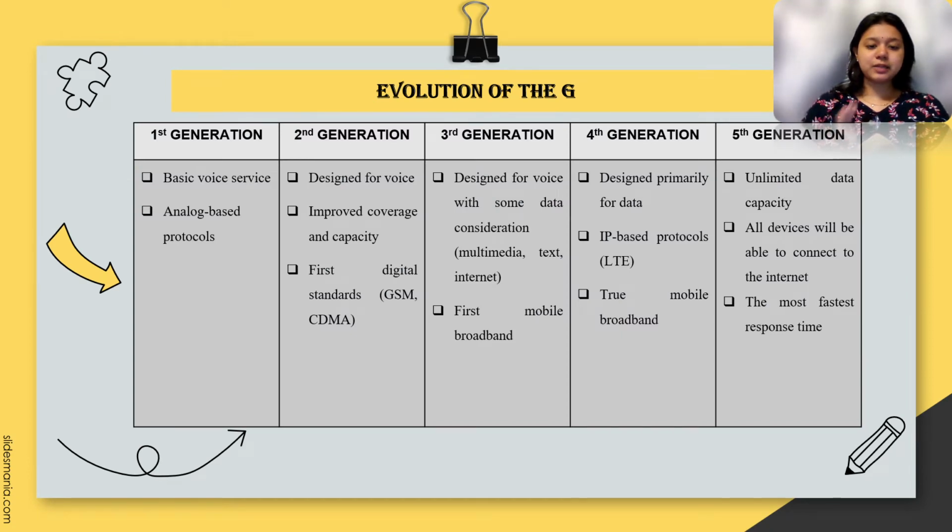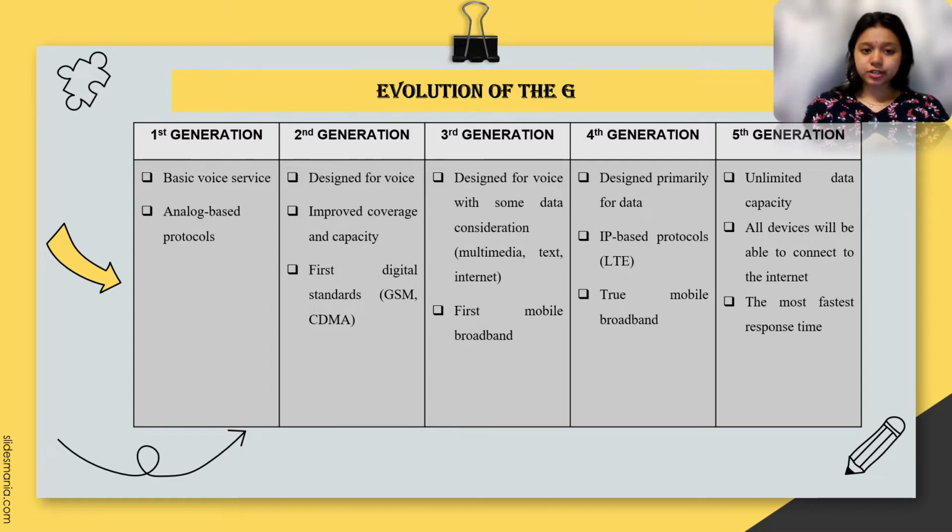Okay, now I will explain deeply about the evolution of the G. On the first generation, basic voice service and analog-based protocols. The second generation was designed for voice with improved coverage and capacity, and it is the first digital standards, GSM and CDMA.